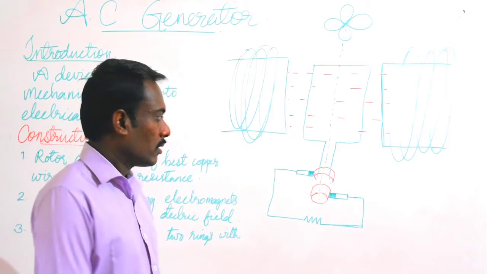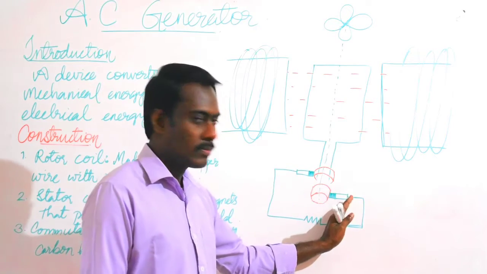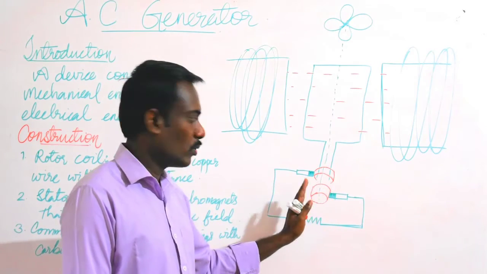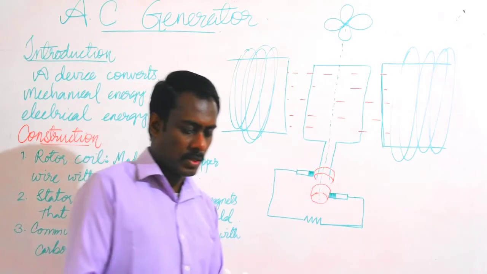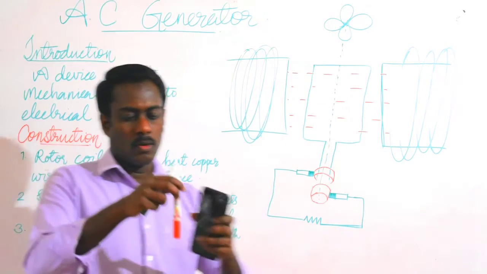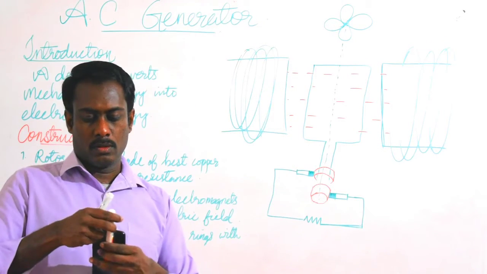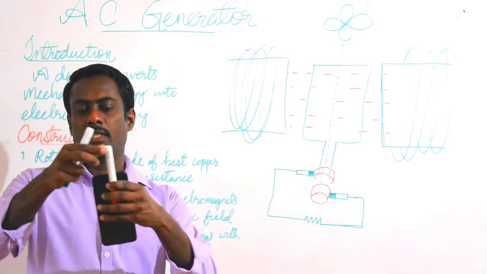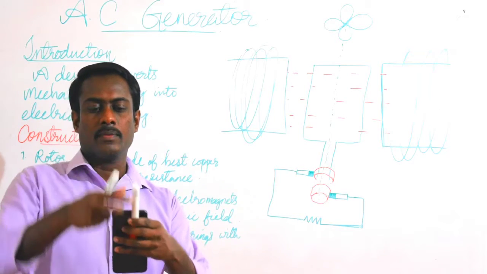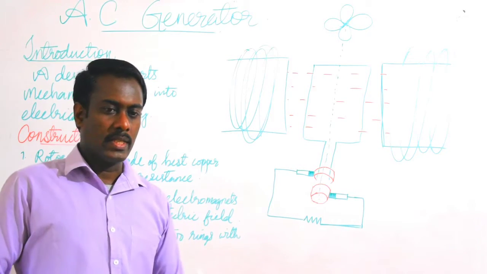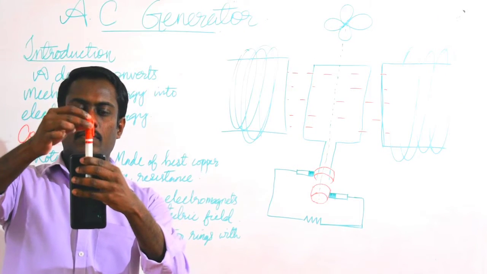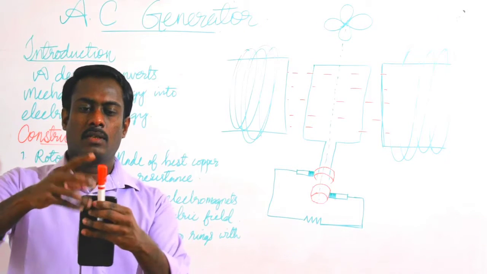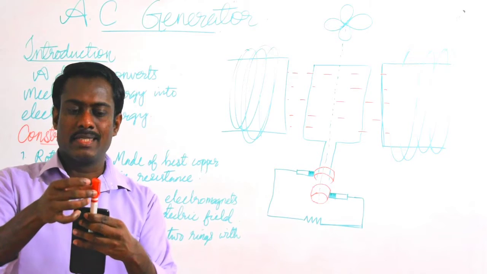The commutator system gives us a solution for this. Here are two rings. For example, this is the rotor coil, and the rotor coil is connected with the shaft. The two rings are mounted on the axis of the same shaft.